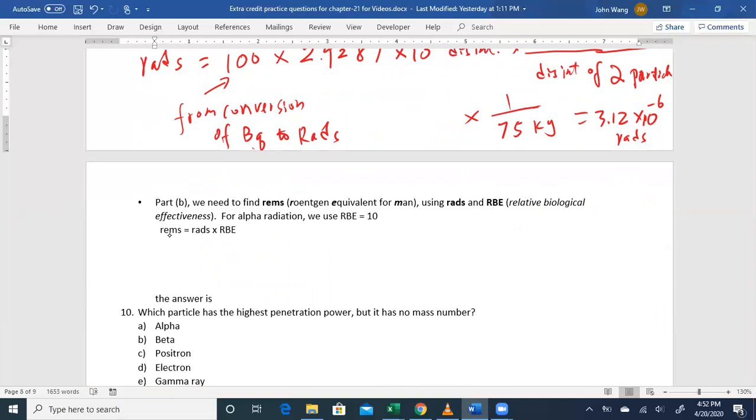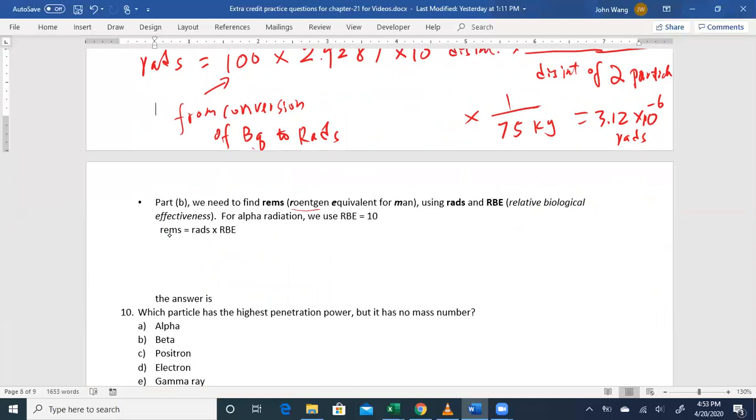Part B, we need to find out rem. REM stands for Roentgen equivalent man. Roentgen is the scientist's name. We need to use rad, and then we need to find the RBE. RBE stands for relative biological effectiveness.